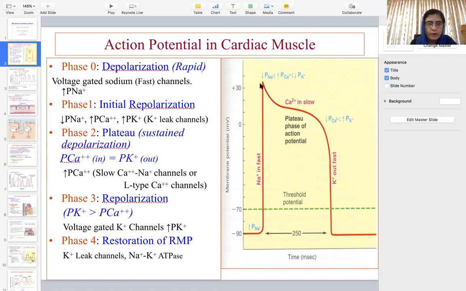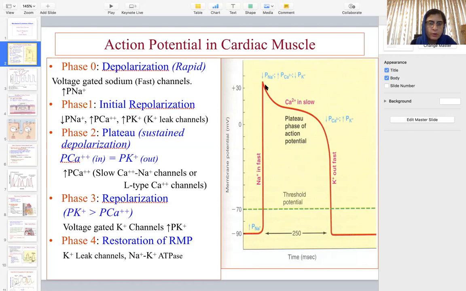And as you know, when it reaches plus 30, the fast sodium channels close, and the slow potassium channels, which are slow to open, have started opening. So when the fast sodium channels close, the next phase starts, which is phase 1, when the fast sodium channels close and the potassium channels open, which causes efflux of potassium ion.